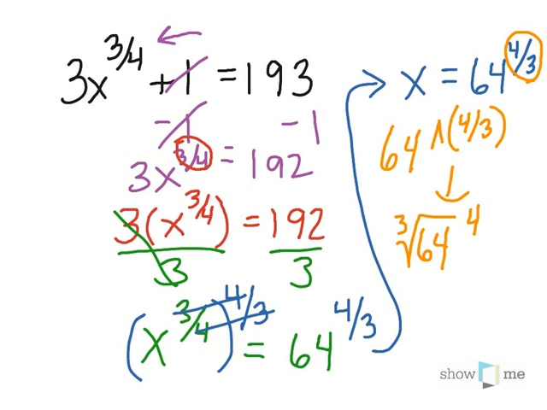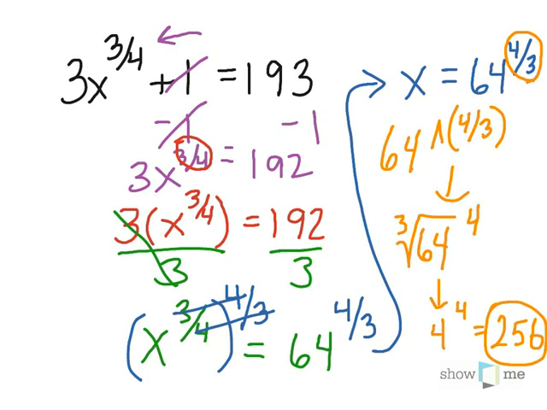Now this happens to be a nice number you should know. 64 is a perfect cube. The cube root of 64 is 4, and 4 to the 4th power is 256. That's the answer to my solution, 256.